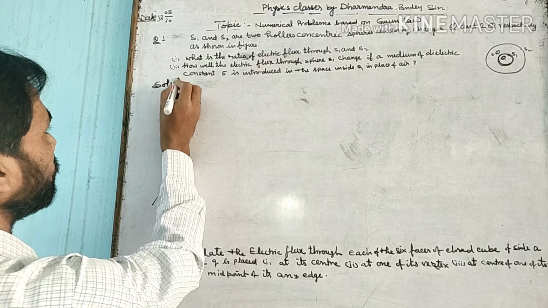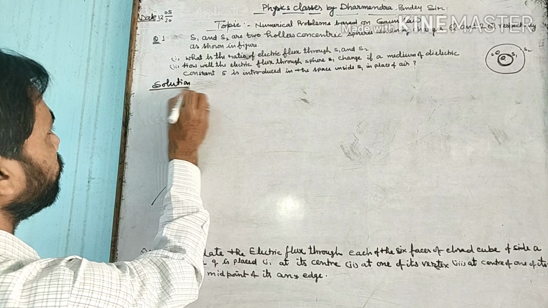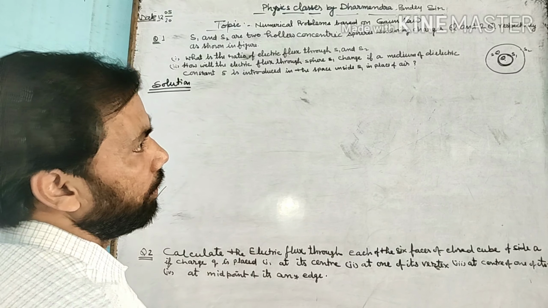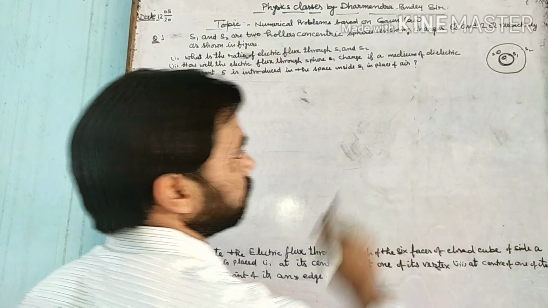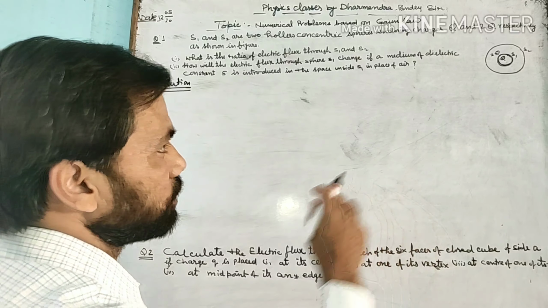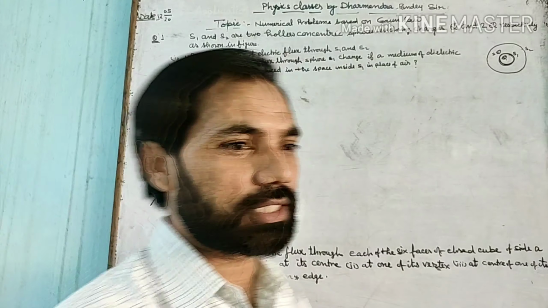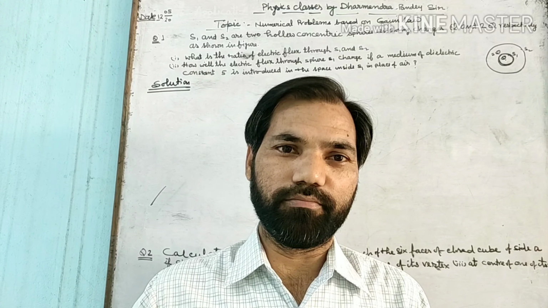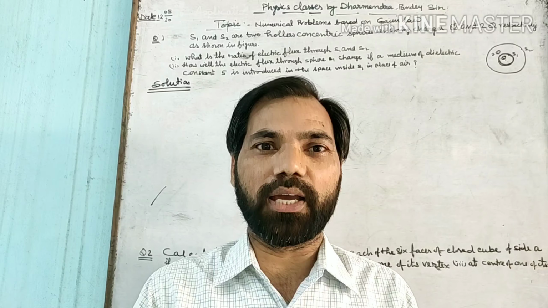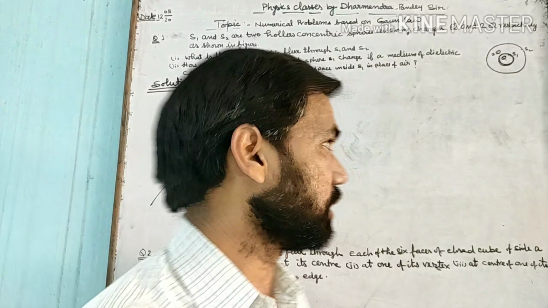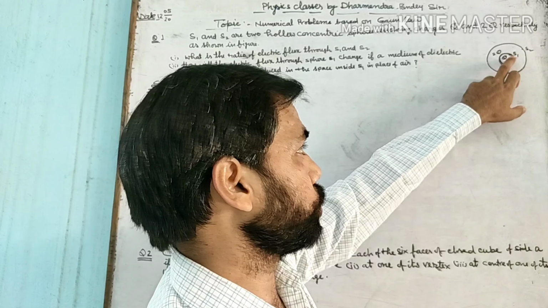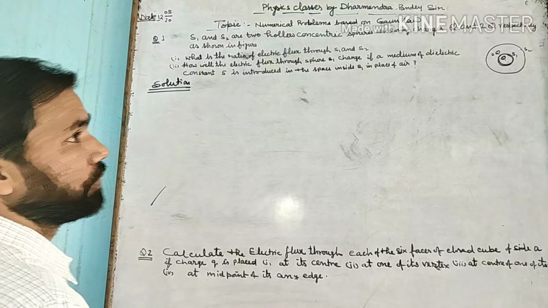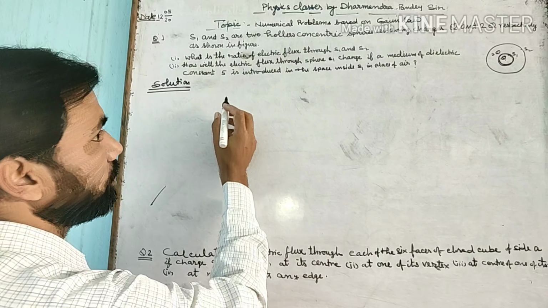Solution of the first question. As you know, the charge within the surface sphere S1, the sphere is a symmetrical three-dimensional body, and it is taken as a Gaussian surface because charge is enclosed inside the surface S1.